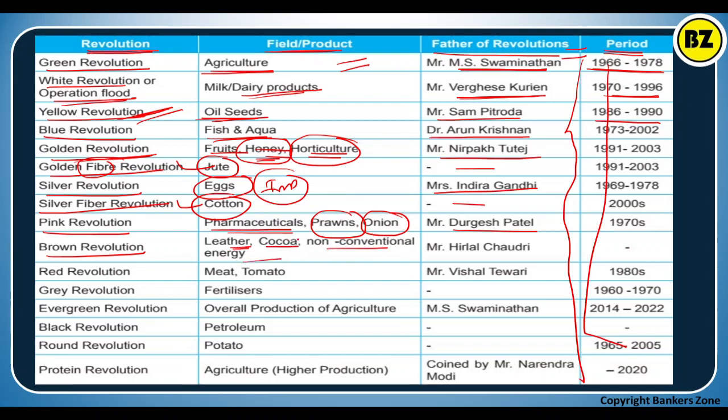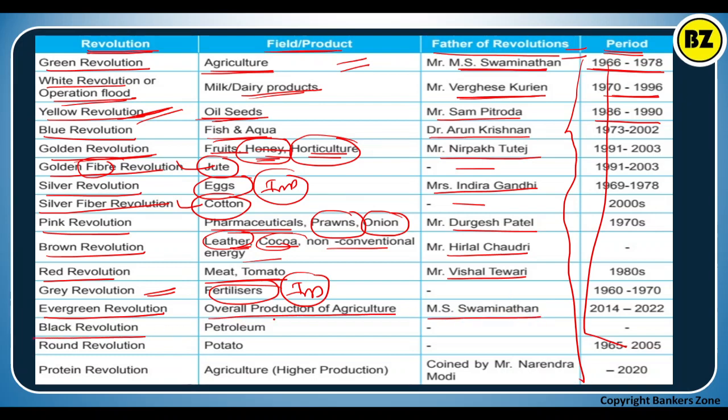So better you remember cocoa and leather, brown color, right? Hiralal Chaudhary. Apart from that, red revolution, meat and tomato both having red color, so it is Vishal Tiwari. Then gray revolution, remember it is important for fertilizers. Then evergreen revolution, evergreen means all, right? So overall production of agriculture, MS Swaminathan again.